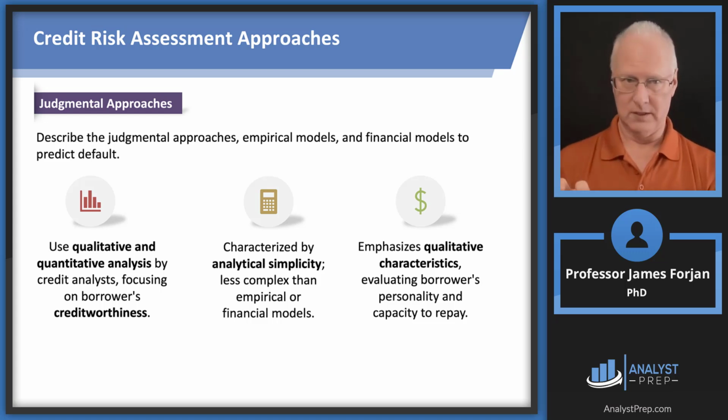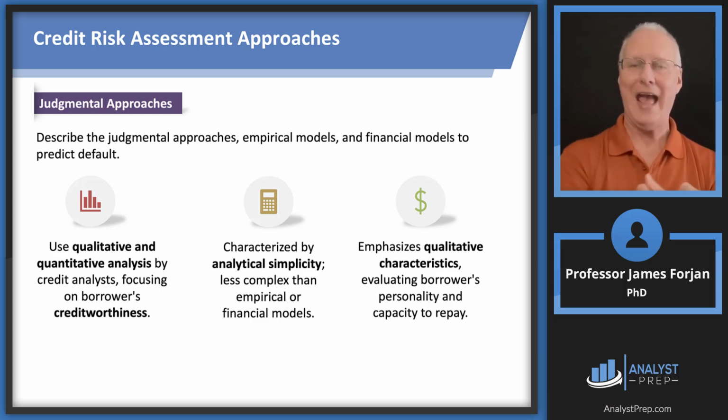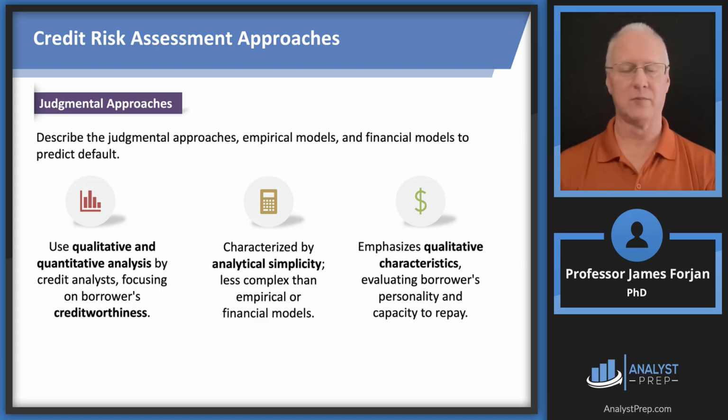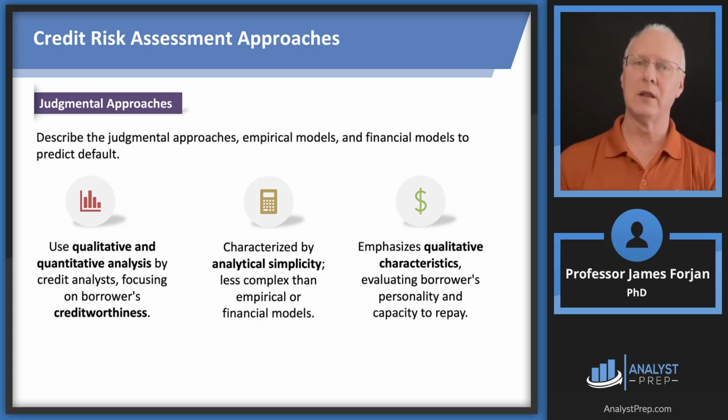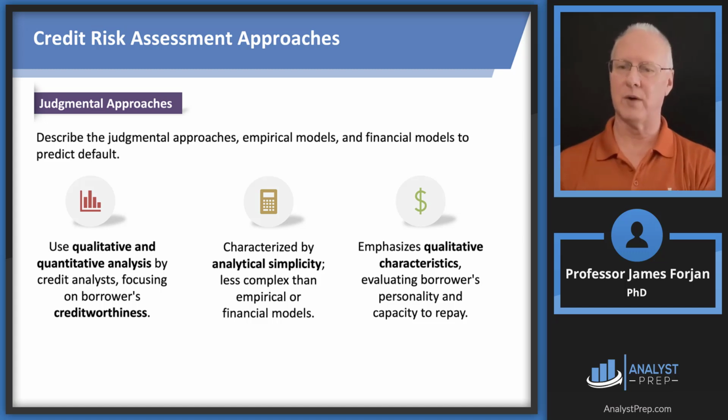Now, this judgmental approach is not going to use any of these super complex models. We're just going to use the regular old models. Maybe we'll use that CAMEL system. Maybe we'll adjust it a little bit. Maybe we'll throw in a little bit of the empirical and the financial models that we're going to use here in just a second. But we want to be simplistic, right?